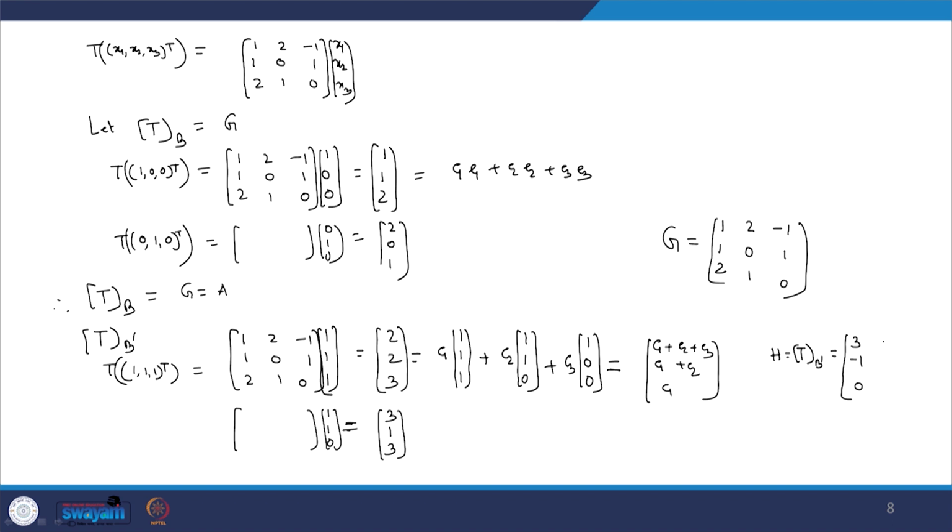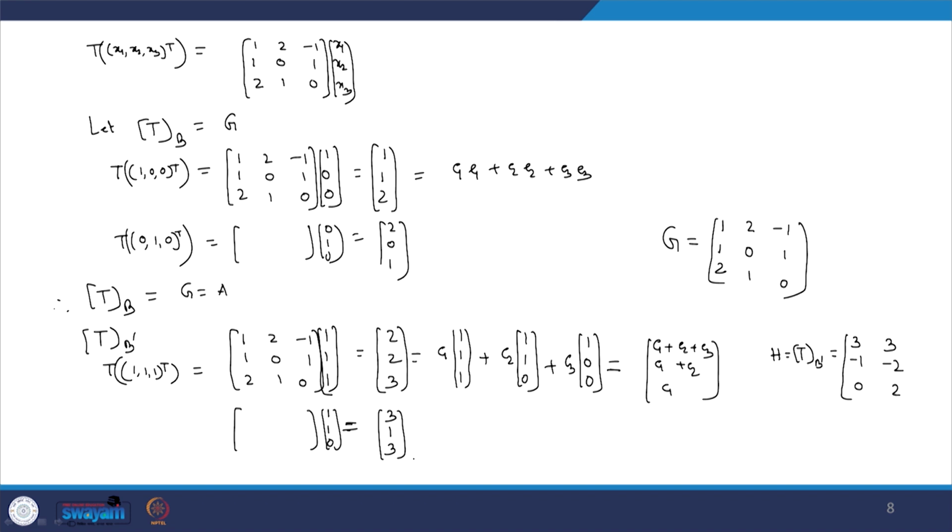So, again I am getting 3, okay, and C1 plus C2 is equal to 1. So, C2 is equal to 1 minus C1, 1 minus 3 is equal to minus 2, and next C3 is equal to 2.